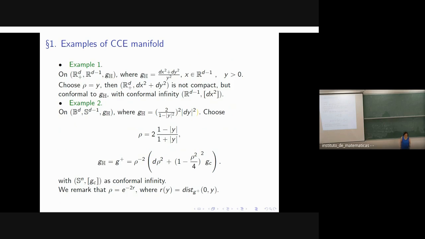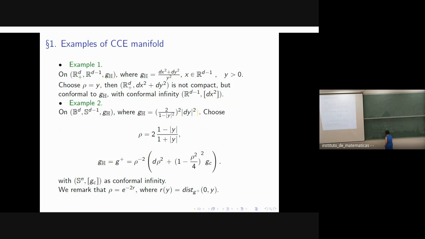And the other thing which turns out to play an important part in this approach is, if we are really on the ball centered at 0, this rho is equal to exponential of minus 2r.